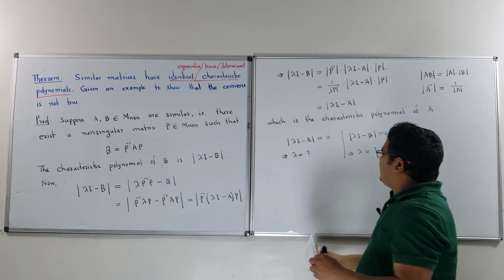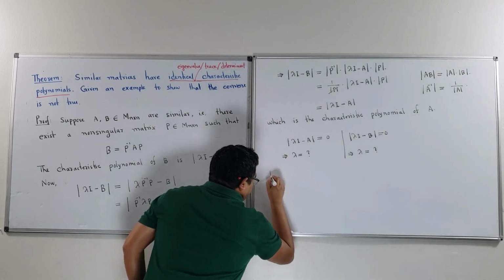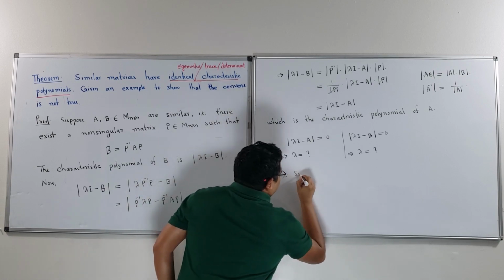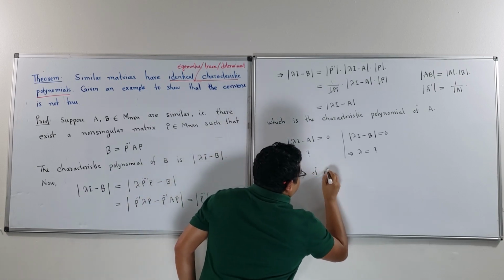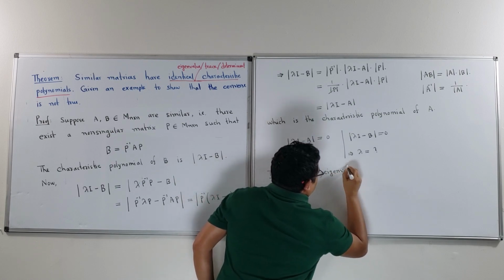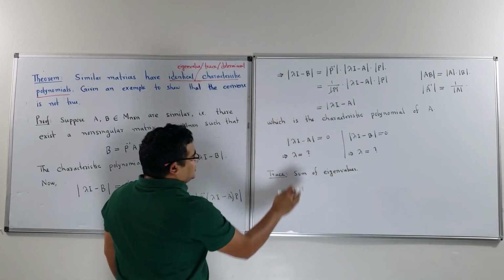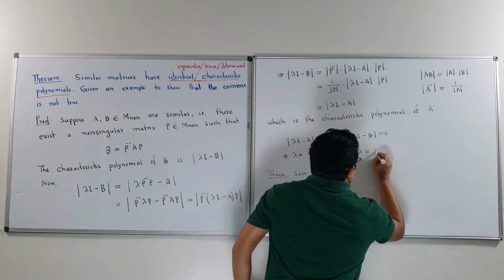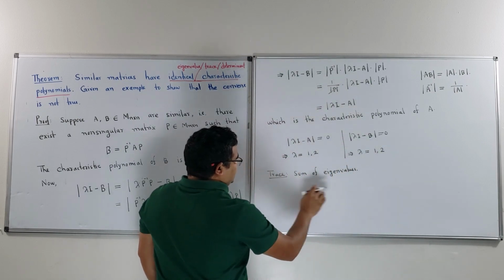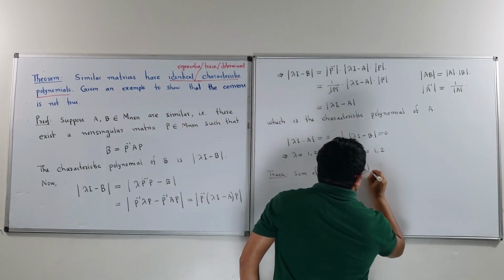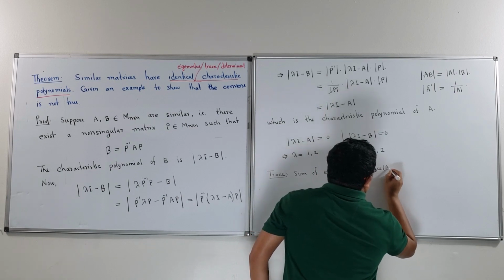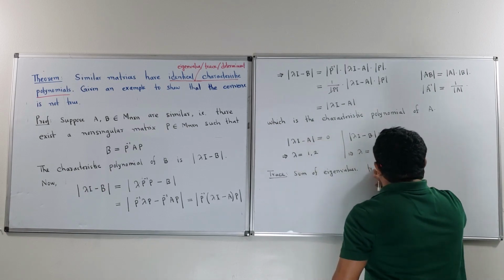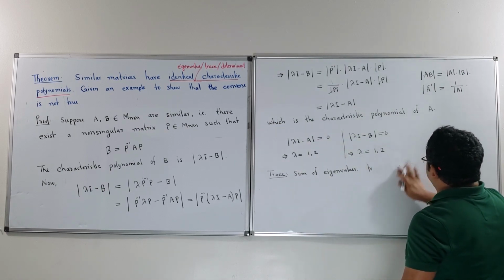Now what is trace? Trace is the sum of eigenvalues. Suppose lambda is 1 and 2, so for the other matrix also 1 and 2. So what would the trace be? The trace of A equals the trace of B. Trace is normally written tr.